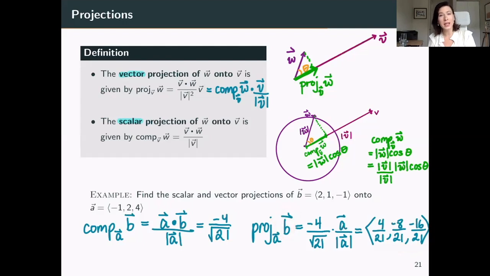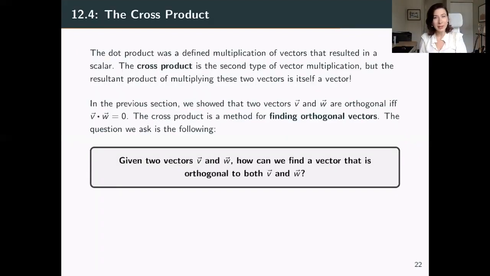As a side note, it's always a good idea to compute the scalar projection before going ahead and finding the vector projection. Why? Because we can use the scalar projection when computing the vector projection, again using the equivalents up here. So that concludes our discussion of the dot product for now.